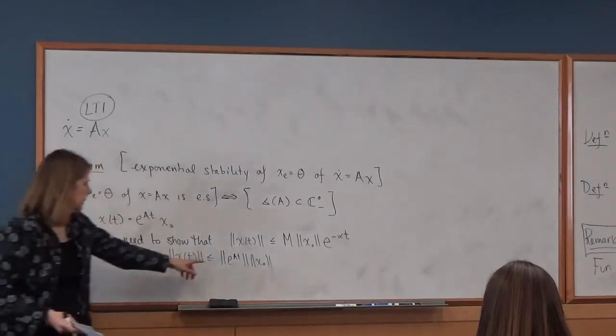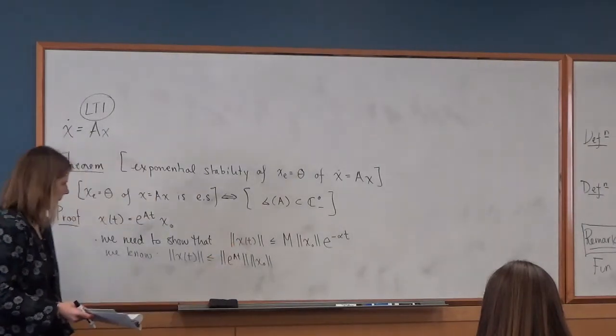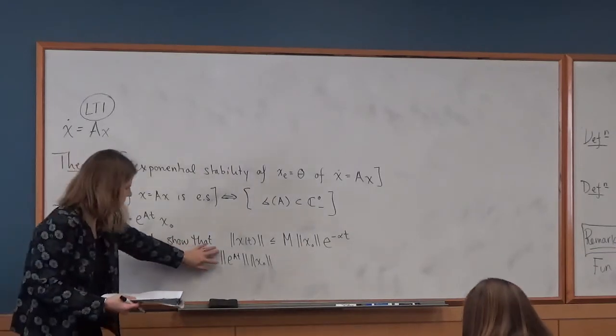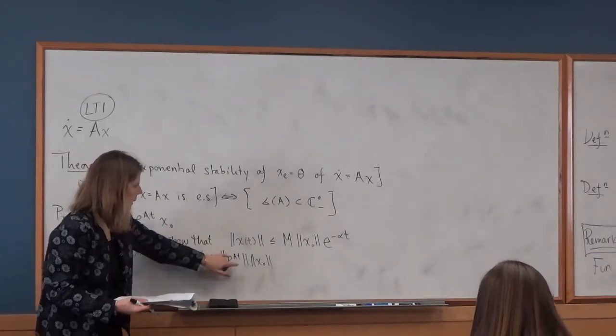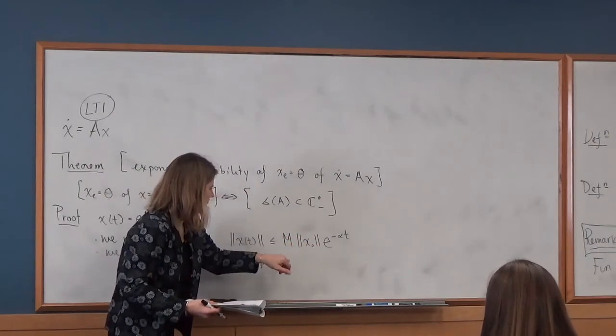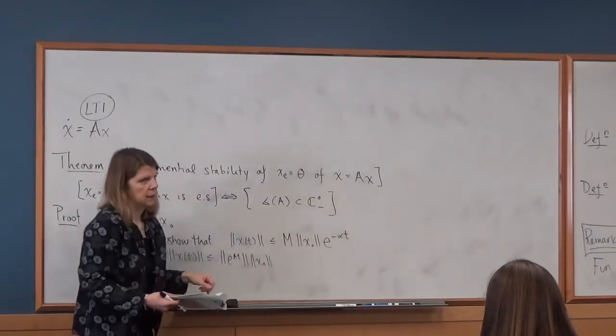Okay, so you can kind of see what we need to show here. All right, so let's be careful about this. So basically I'm interested in the norm of e to the At, and I want to be able to show that that norm is bounded by this decaying exponential.